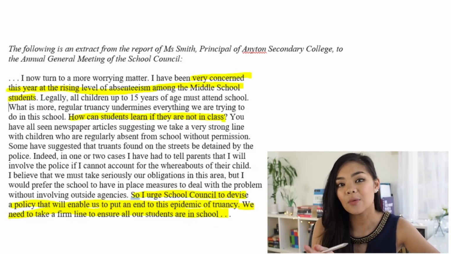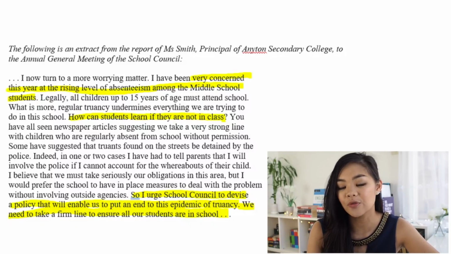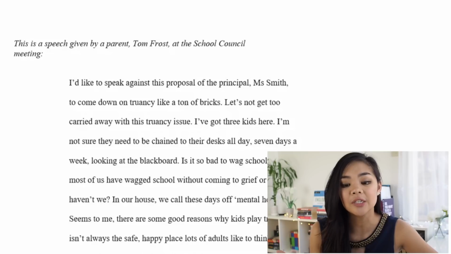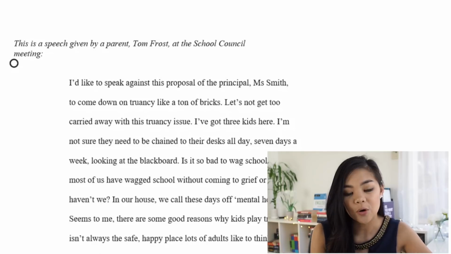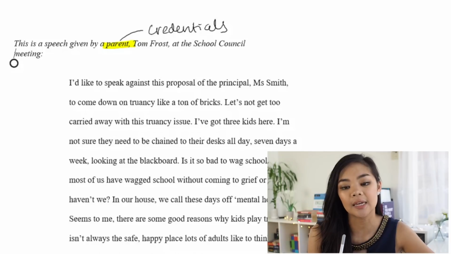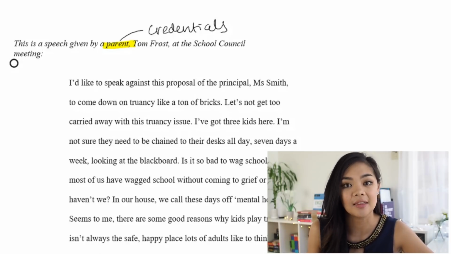Okay, so now that we've read the background information and we understand the context of the situation, let's now move into the first article. So the first article has been written by a parent, Tom Frost. So automatically we can see that he is a parent, which goes to show that there are some credentials there. So credentials basically is what's the title of the person who's writing the article.